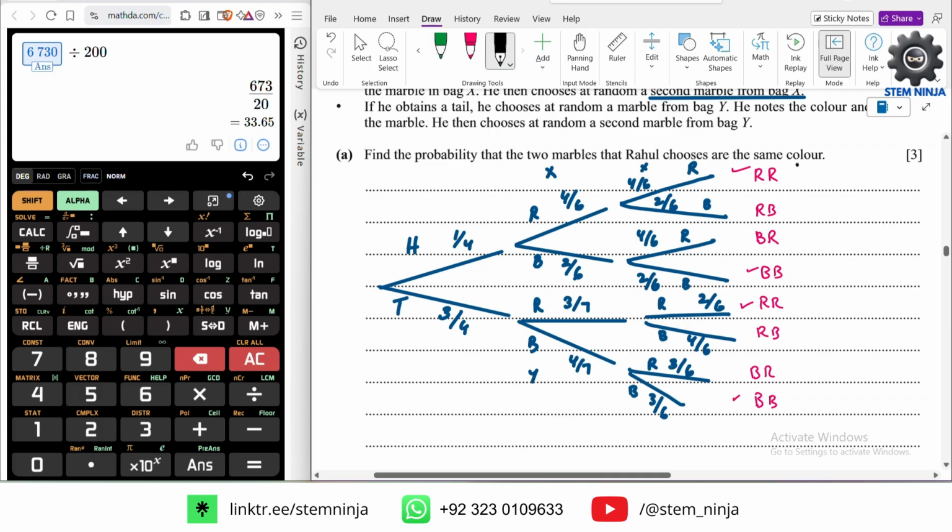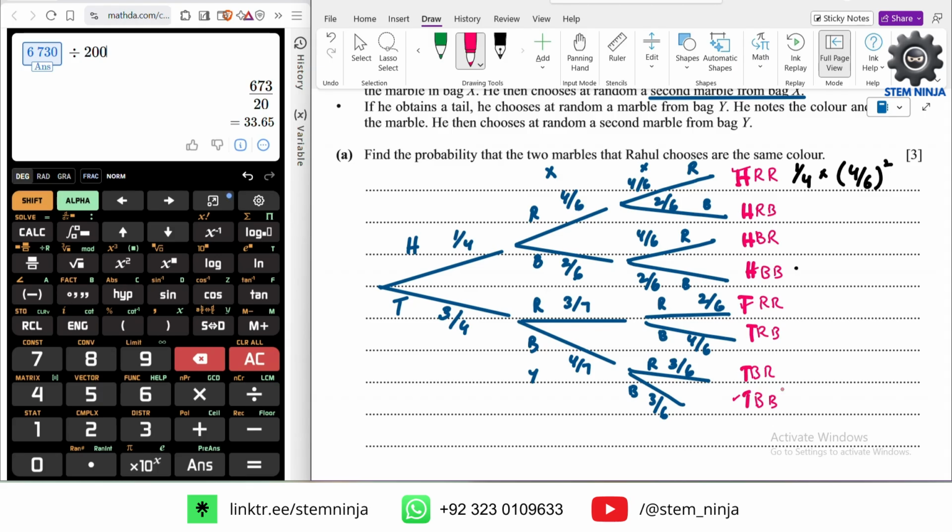Black is fine. So 1/4 times the square of 4/6. Actually, I should have written head, head, head, head. This is now tail, tail, tail, tail. This one was the same color as this. This is now 1/4 times 2/6, 2/6, so this is 2/6 whole square.